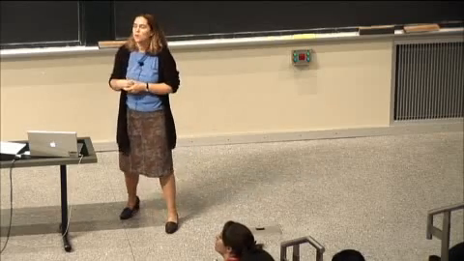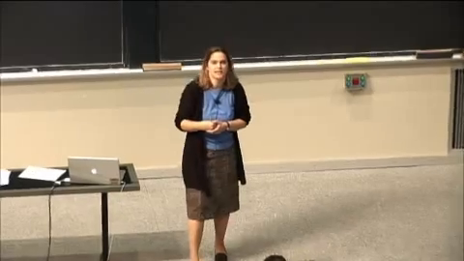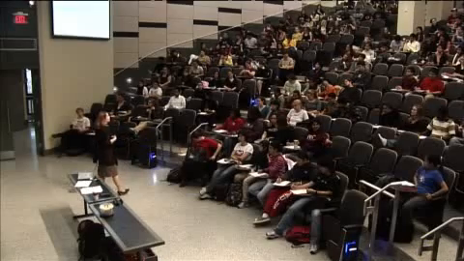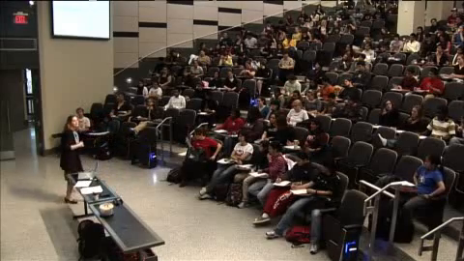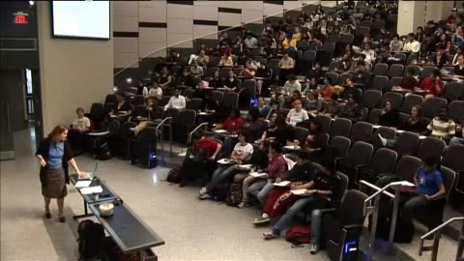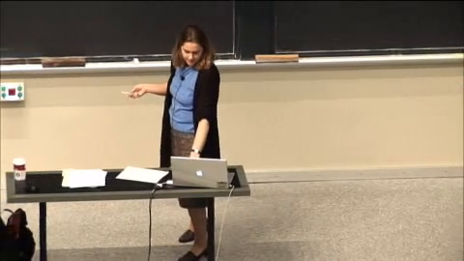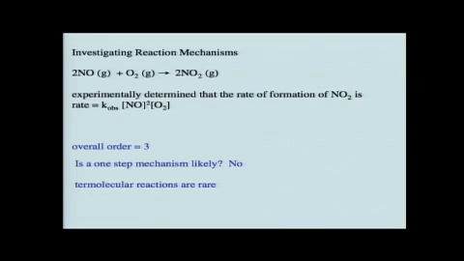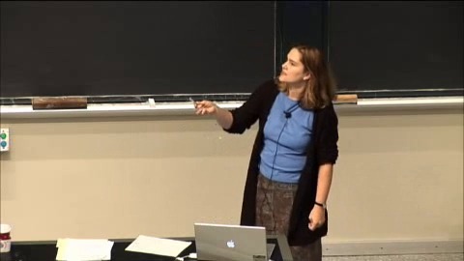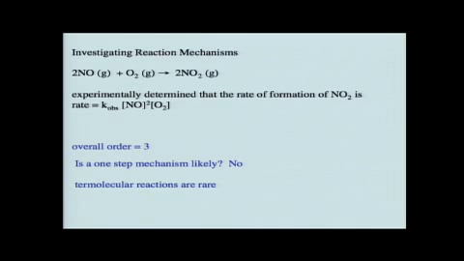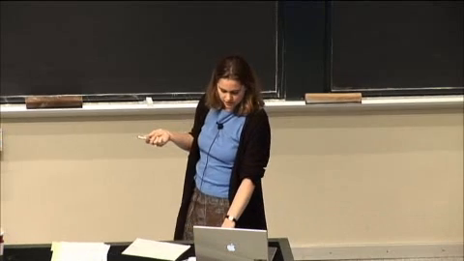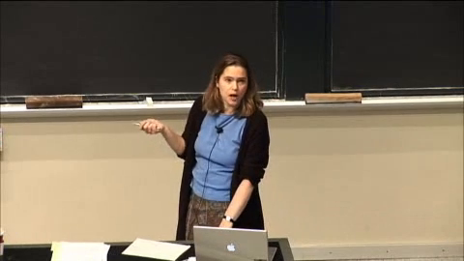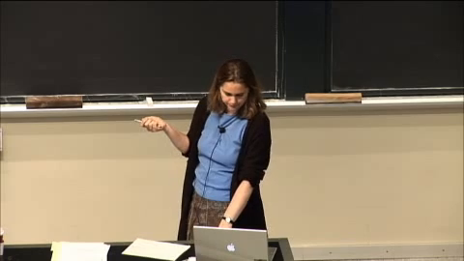No. What would it be called if it did occur in one step, if 3 things came together at the same time to form a product? Yeah, termolecular. And we learned last time that termolecular reactions are rare. So it's unlikely that those 3 things, the 2 NOs and the 1 O2, are going to come together at the same time to form product, so it probably has more than one step.